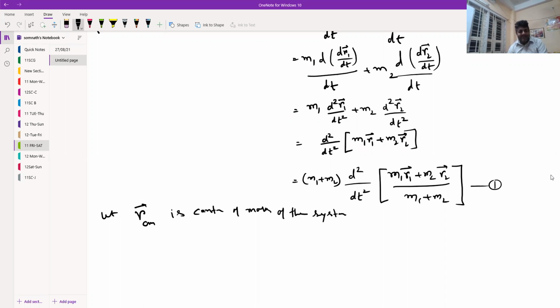It's overall the same thing. So if RCM is the center of mass of the system, total force is m1 plus m2 because you have two particles, and we know that double differentiation of position is called the acceleration. Yes or no?